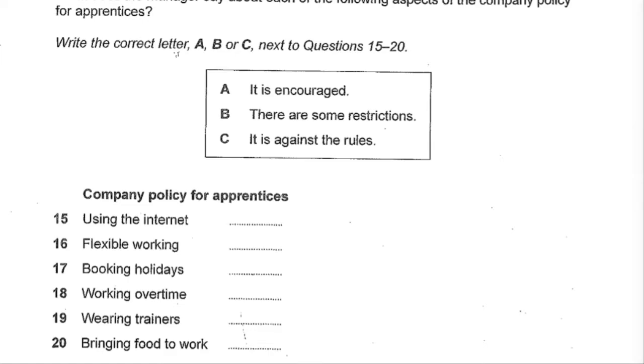Apart from any statutory public holidays, we ask that you don't book any holidays until after your 6-month apprenticeship has finished. Time off should only be taken if you are unwell. Please speak to your supervisor if this is going to be a problem. You'll be expected to work a 40-hour week, but there may be opportunities to do overtime during busy periods.